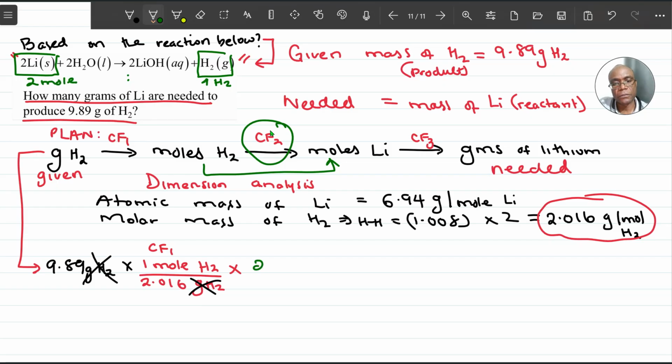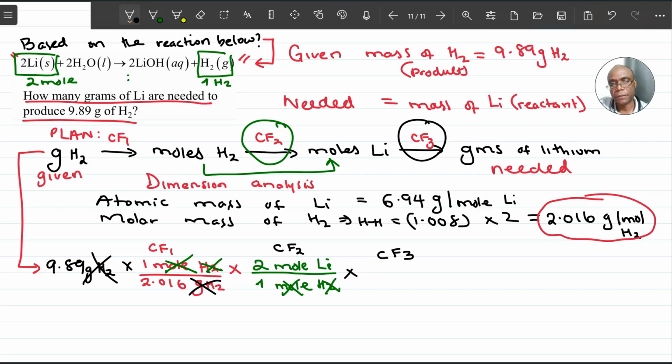So since I'm going towards the lithium, I'll say for every 2 moles of lithium, we will produce 1 mole of hydrogen gas. And why do we need to do that? So that the SI units will cancel. Moles of lithium is the numerator because that's where we are going. And then from here, we're going to go to the third conversion factor. This is conversion factor 2. So now we go to conversion factor 3.